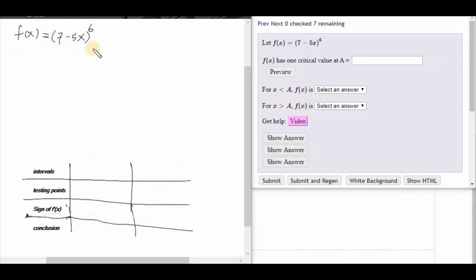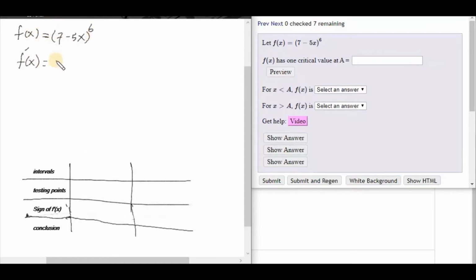So to do that, we're going to begin with the function, and to find the critical values, we know that we have to find the derivative, make the derivative equal to 0, and then solve for x to find those critical values. So we're going to find the derivative. The derivative function is f prime of x is equal to, we will use the chain rule in this case to differentiate this function.